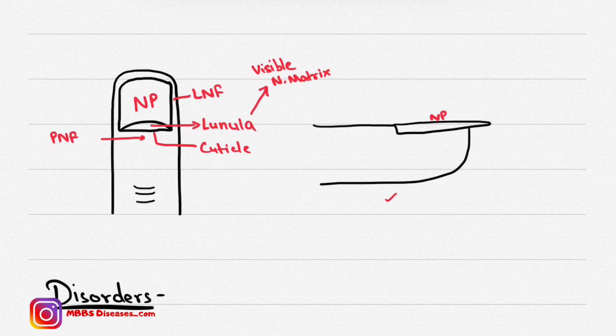This part is the nail bed, where the nail rests. This area is known as the hyponychium, and this part is known as the eponychium. So this is the structure of the nail.